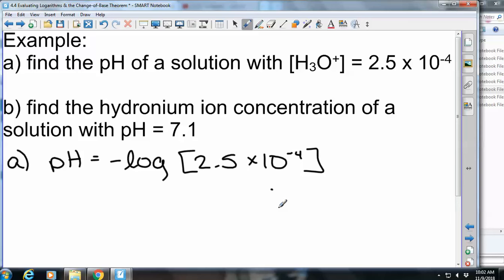It's fourth one up from the bottom. It just says LOG, that's log base 10. So all you have to do is type negative log button and then 2.5 times 10 to the negative 4. We round that to the nearest tenth. We get a pH of 3.6.